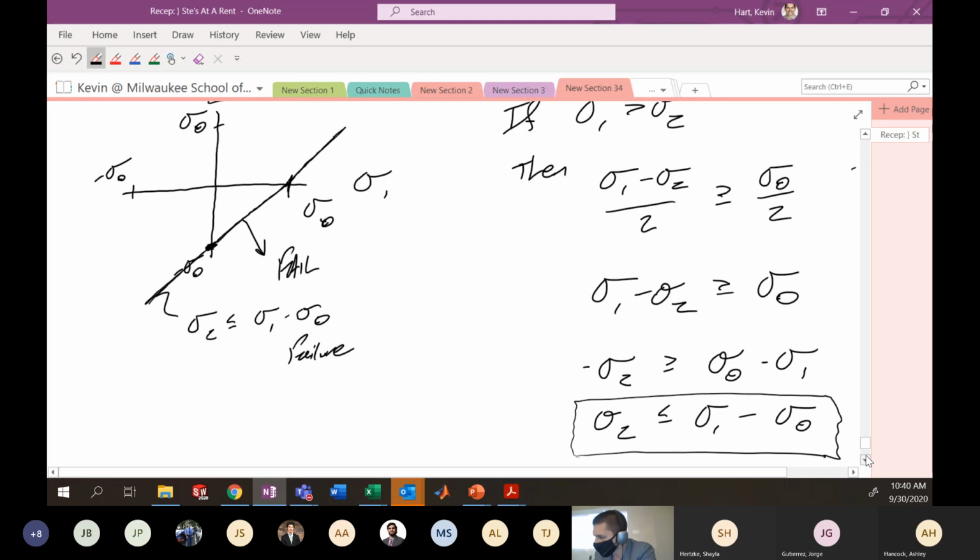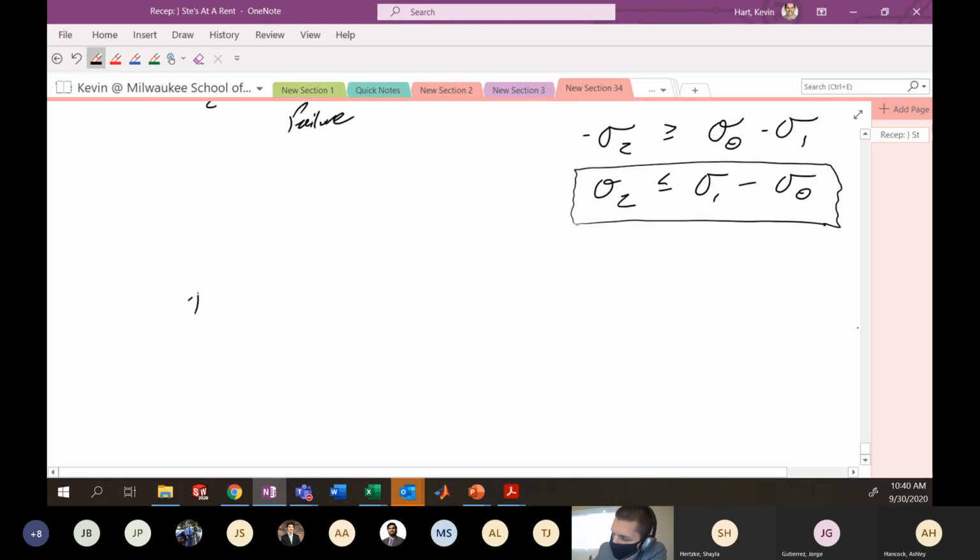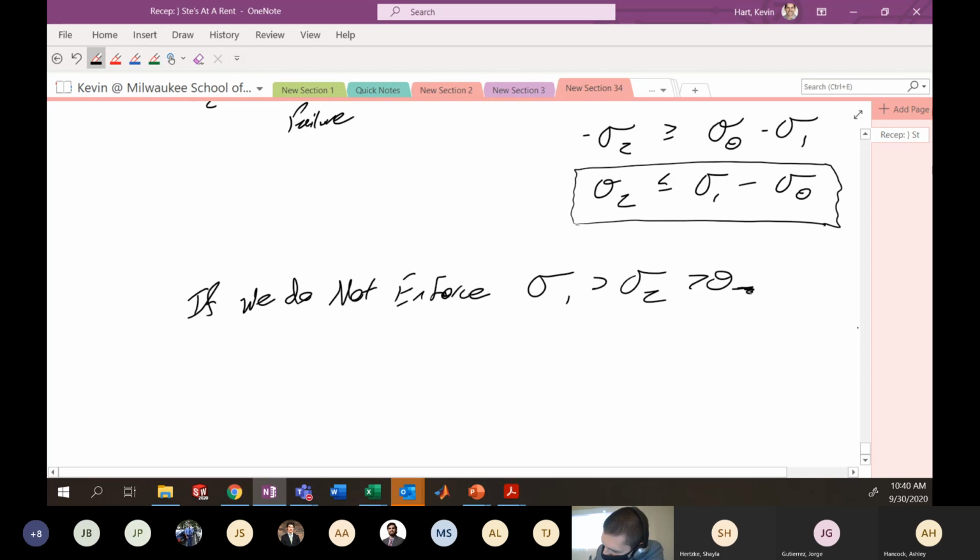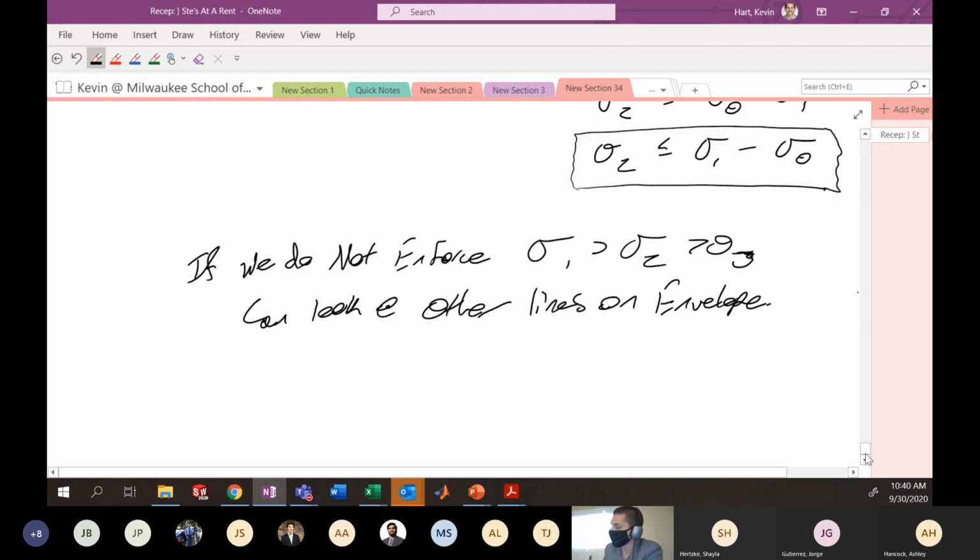How do I want to describe the rest of this envelope? If we do not enforce sigma 1 greater than sigma 2 greater than sigma 3, we can look at other lines on the envelope.